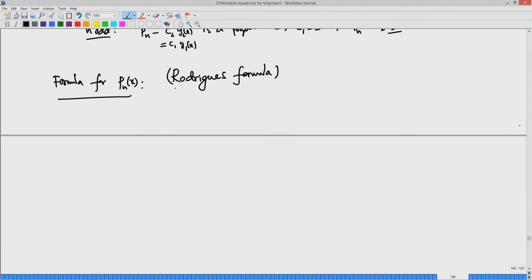So what is the idea? Pn of x is actually equal to some constant times, that constant you will see is 1 divided by 2 power n factorial, and n derivatives of this function x square minus 1 power n. Okay, so that is the actual formula. So this is valid between minus 1 to 1.